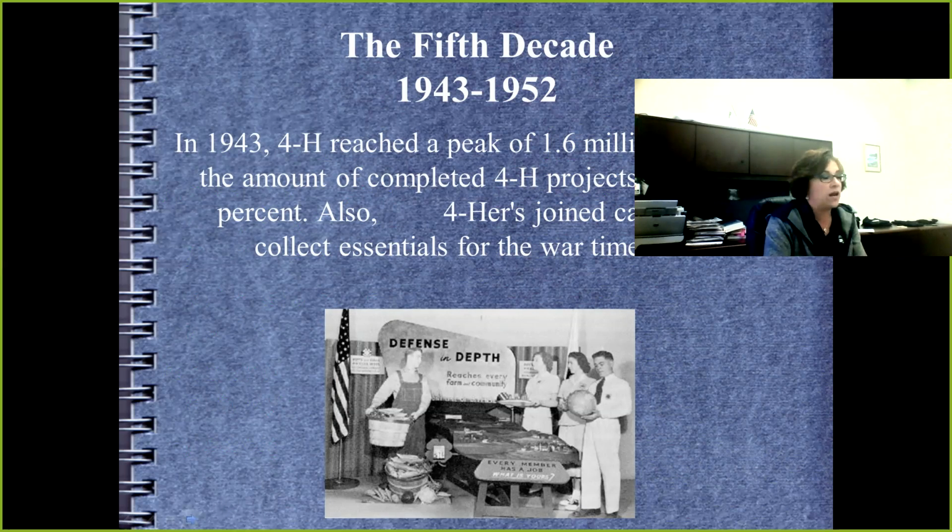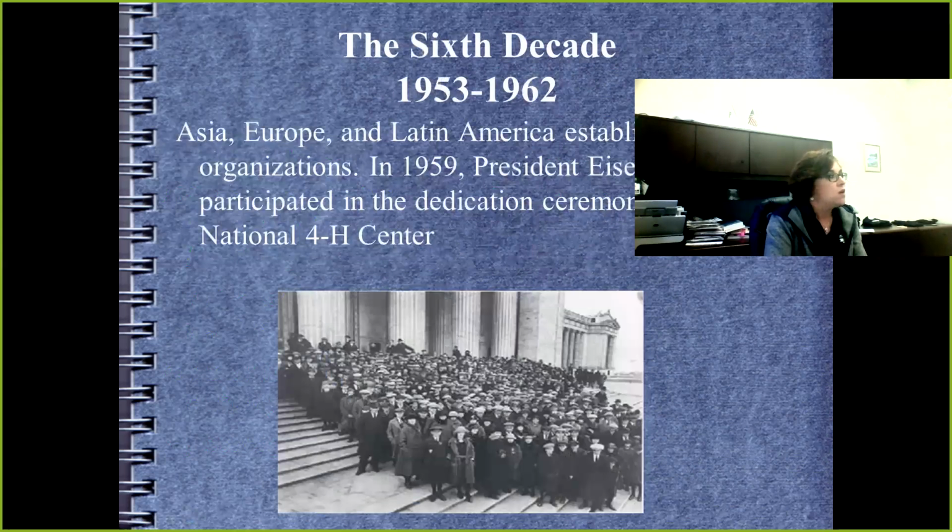Not only did they want to help, they wanted to help their communities with the war effort. So during this time they might have collected iron, or produced more food. And I'm going to talk a little bit about that when I talk about Nevada history.